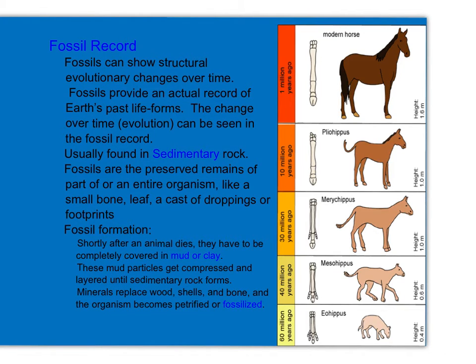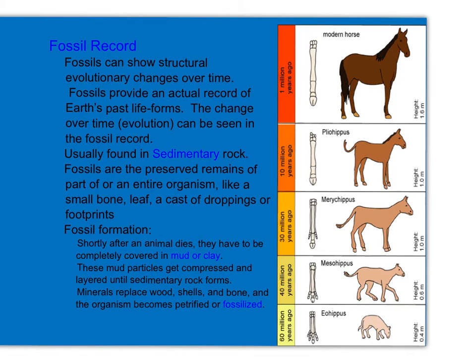For fossil formation, shortly after the animal dies, before it's too decomposed, it will be completely covered in mud or clay, and that mud gets compressed over time and layered into the rock layers.